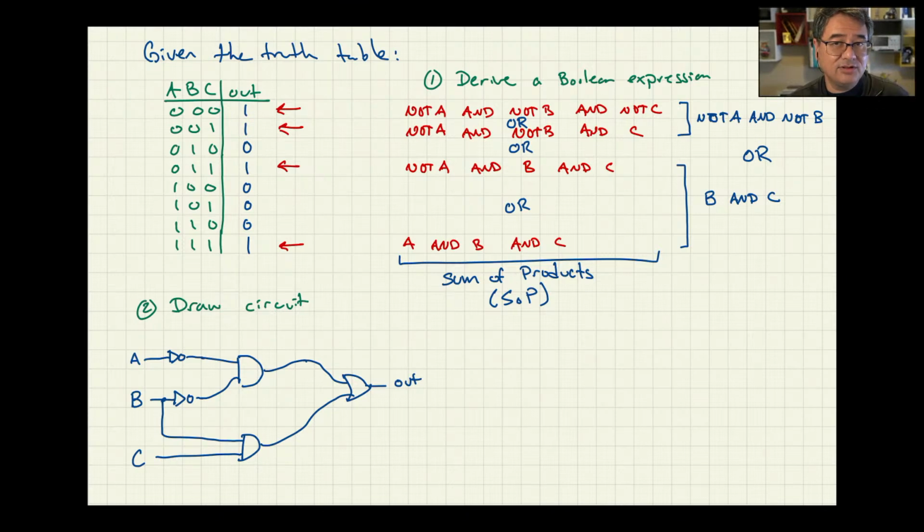So it's possible that the same truth table might have 2 or more circuits that implement it. And what that means is that if 2 circuits implement the same truth table, then those 2 circuits are said to be equivalent to each other.